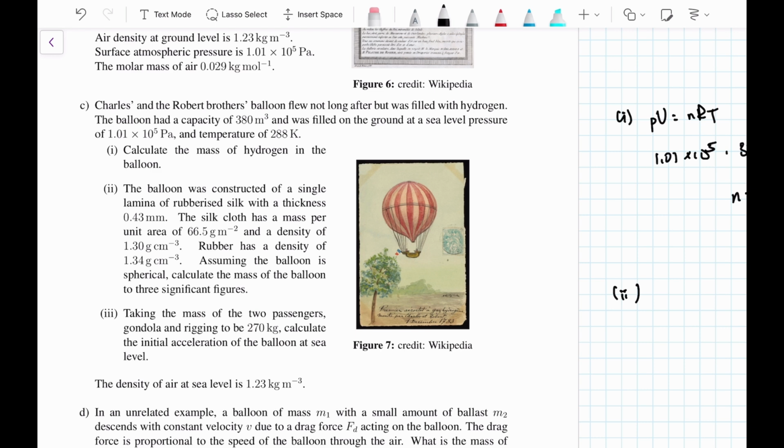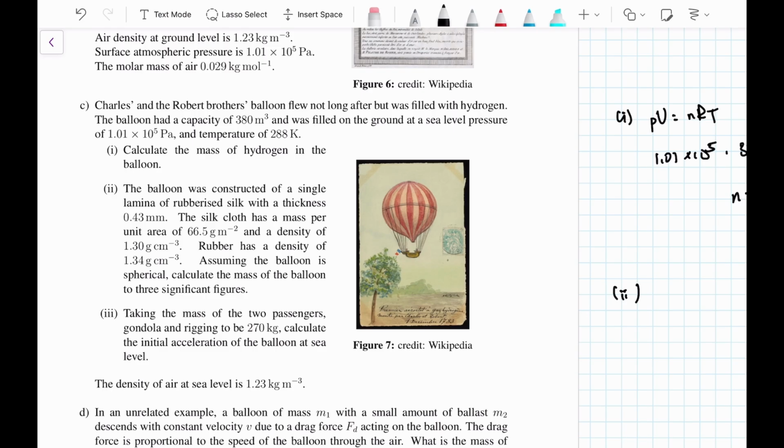Assuming the balloon is spherical, calculate the mass of the balloon to 3 significant figures. Okay, so how do we calculate the mass of the balloon? It gave us the mass per unit area of the silk, and then also the rubber. It's a construction of a single lamina of rubberized silk with a thickness of this.